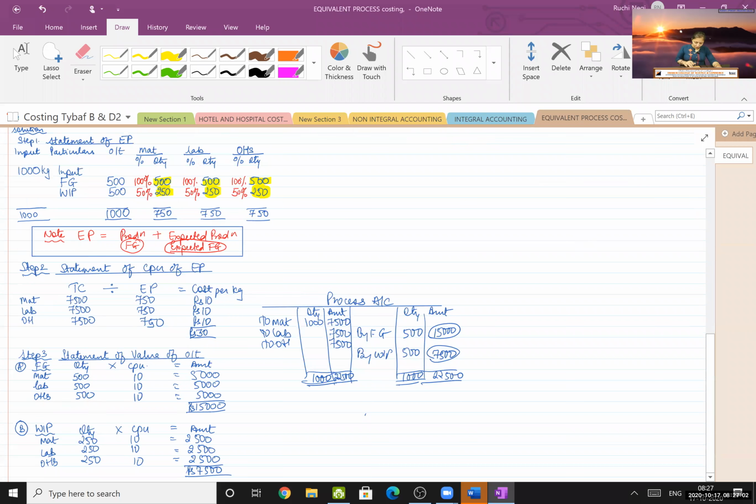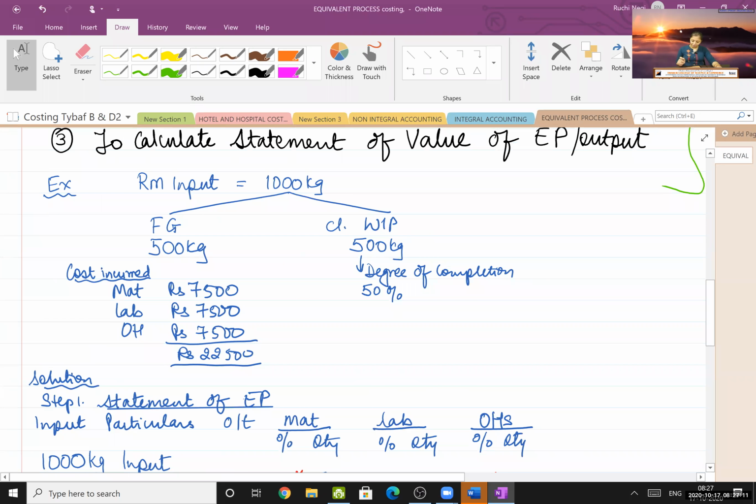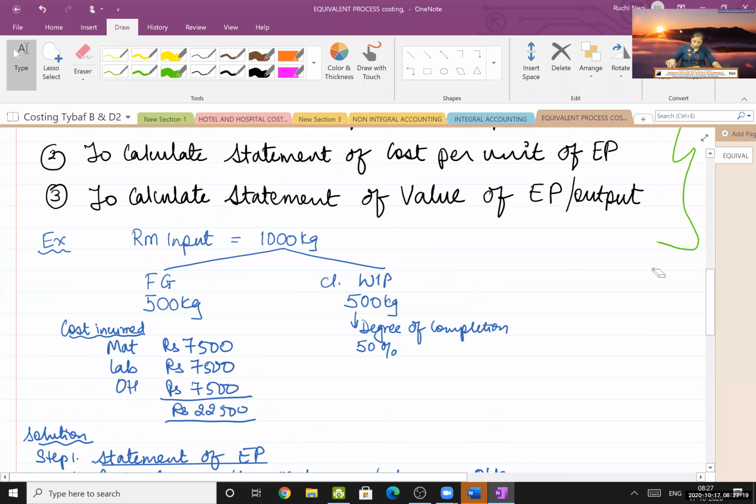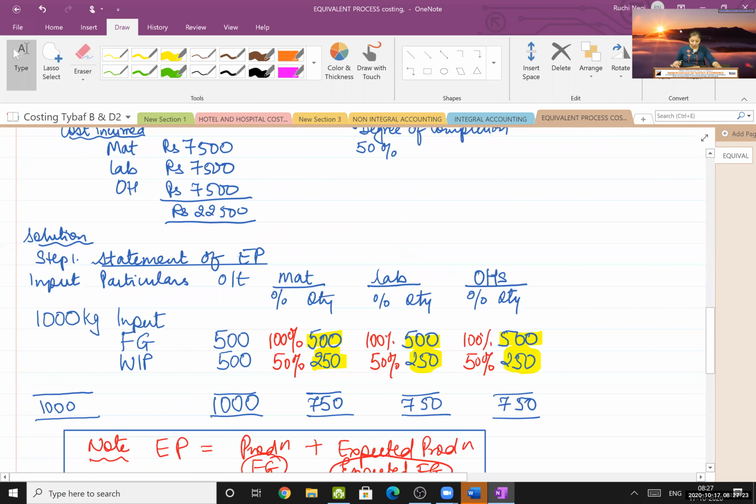Okay, so this was the probable example I gave you last lecture. A simple example with no conditioning, no complexity, just a basic one. Then we did step one, we calculated the equivalent production.